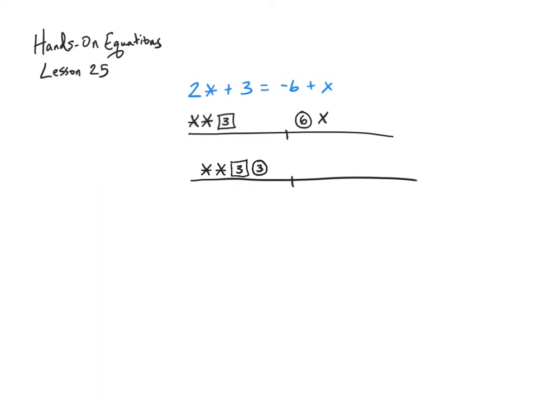If I add a negative 3 to the left-hand side, I must add a negative 3 to the right-hand side. So here's my negative 3 I'm adding to the right-hand side. And now in my next step, I'm going to show that that zero pair has now been removed. So I'm going to redraw this and show that this zero pair is being taken away.